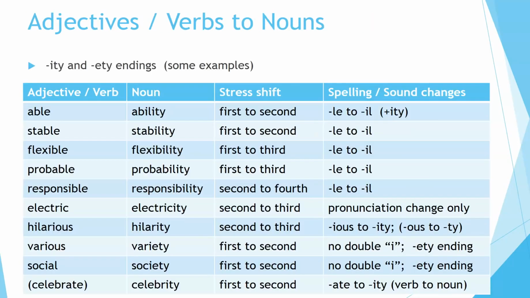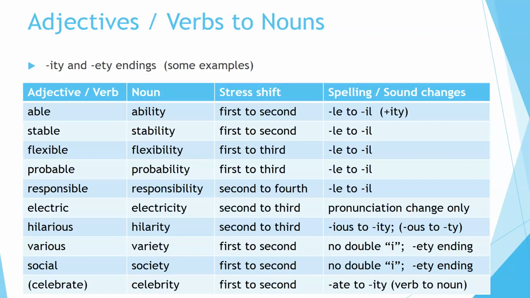Adjectives and verbs to nouns. We're going to talk about the ITY and ETY endings. Here are some examples. I'm going to read these across. Adjective or verb. Able, ability. The stress shift is from the first to second syllable.